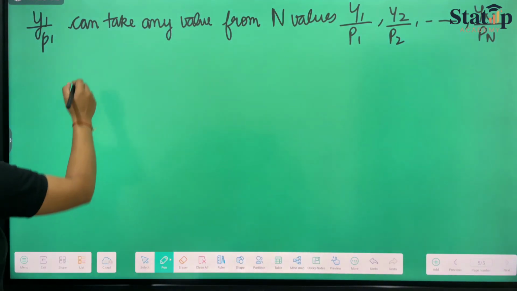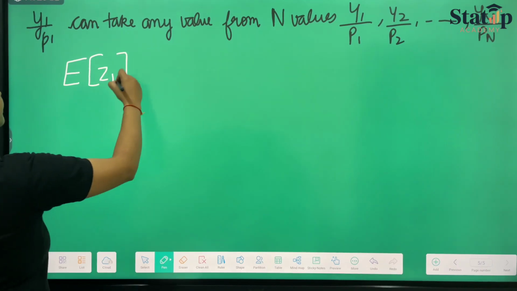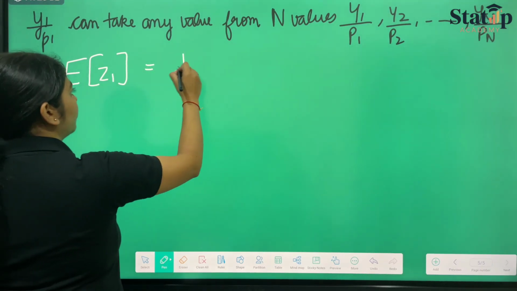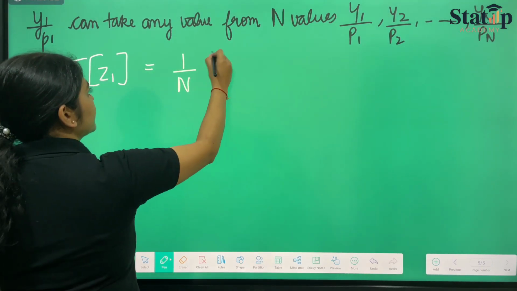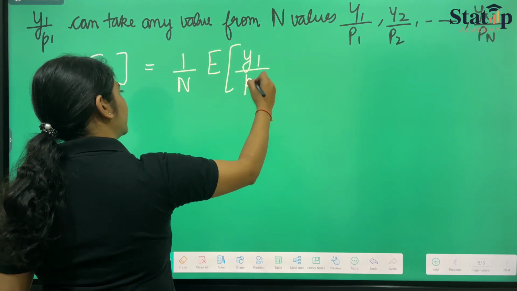So the expectation of z1 can be written as 1 upon n times the expectation of y1 upon p1.